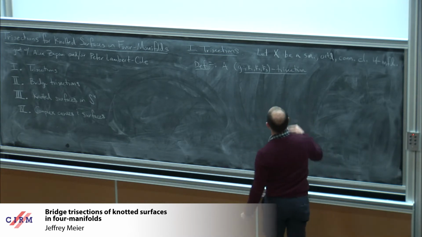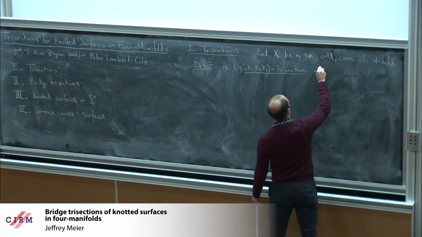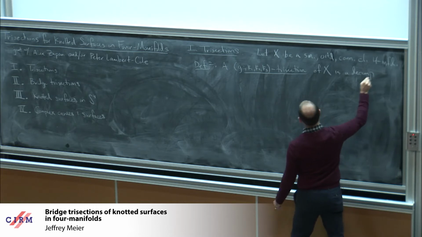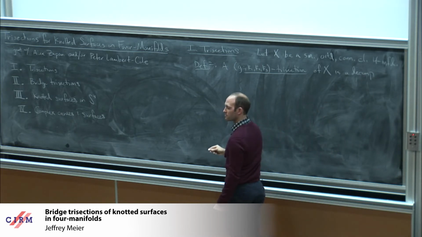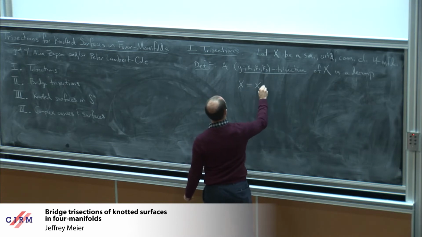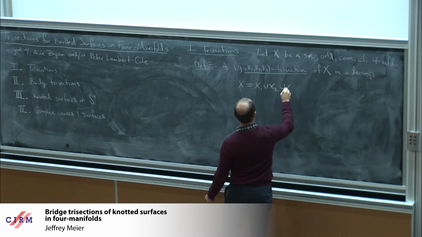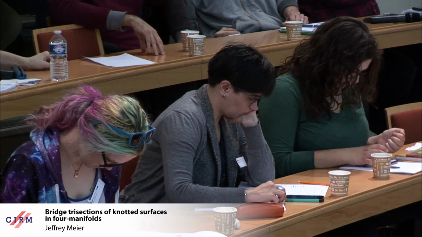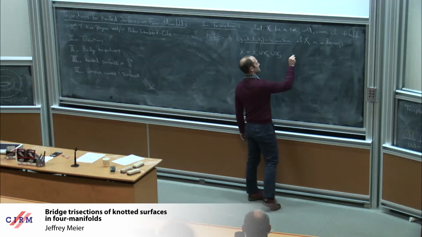So a trisection of X is a decomposition X equals X1 union X2 union X3, which has three properties.